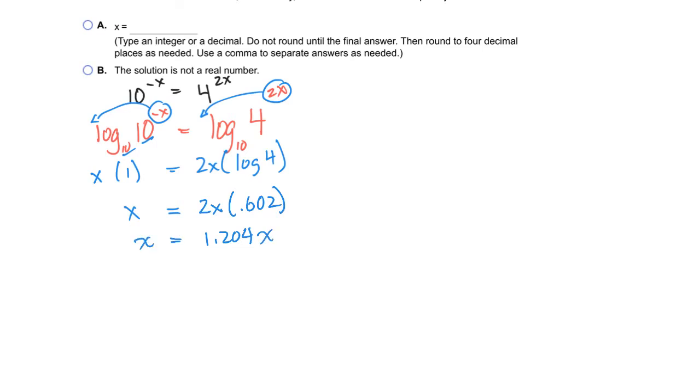Now I have to get my x's together, so let's subtract x on both sides. This would be 0 is equal to 0.204x. Dividing both sides by 0.204, and you get x is equal to 0. Yeah. So my answer is 0.